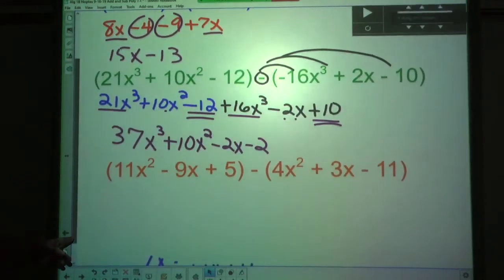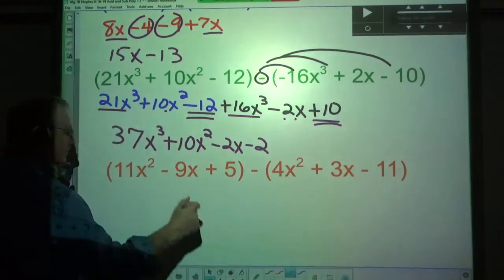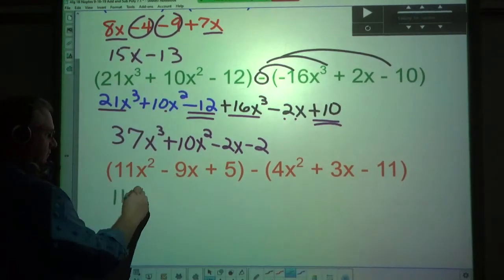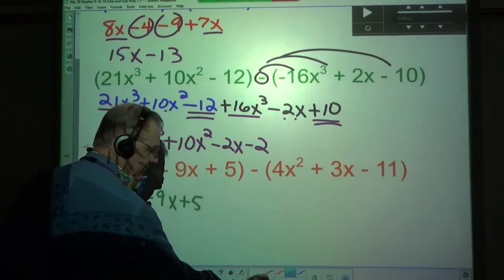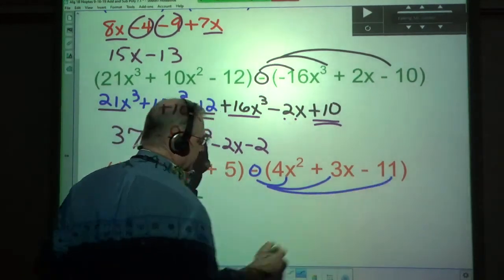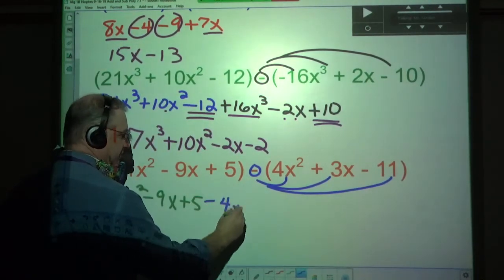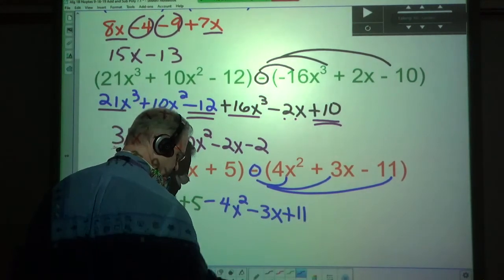Finally, in this last one, I have to distribute, so 11x squared minus 9x plus 5. And then I'm going to distribute the negative here. Minus 4x squared minus 3x plus 11.